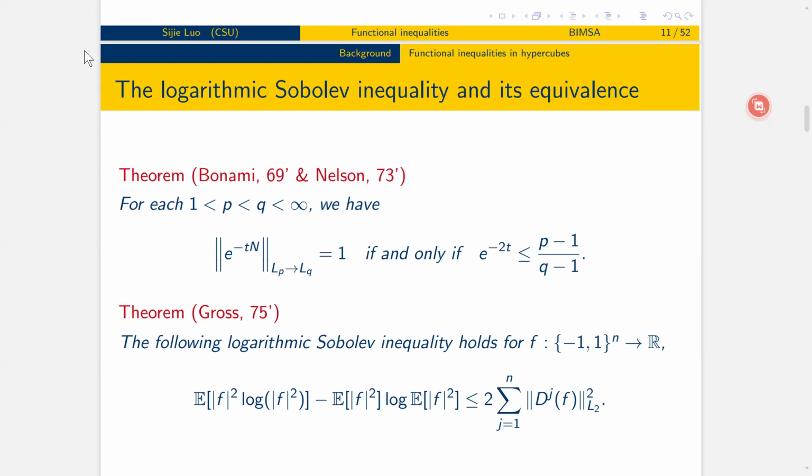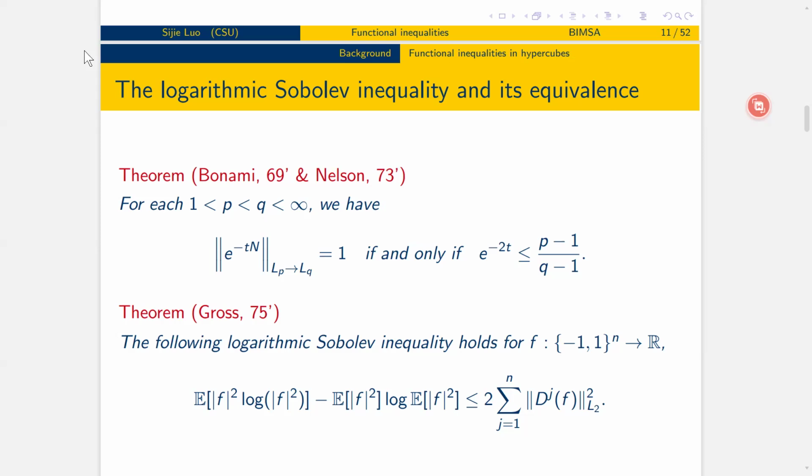It states that the semigroup generated by the Laplacian operator is not only contractive, it is hypercontractive if the time t satisfies this relation. And this t is optimal, because when t is smaller than this, the operator is not a contraction. So the time we state here is optimal.